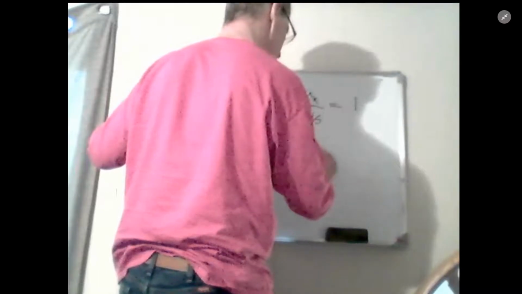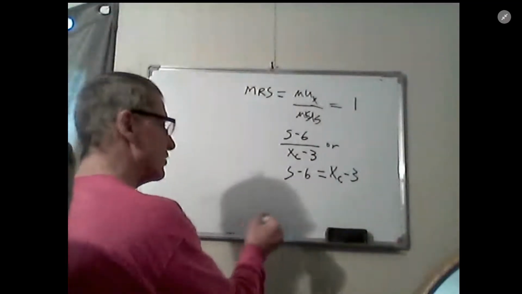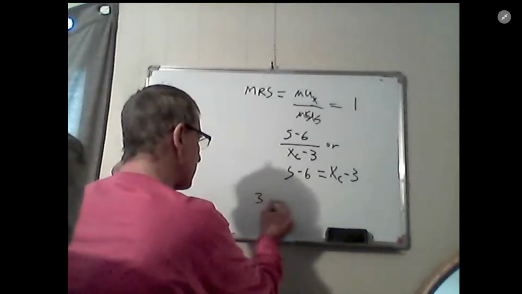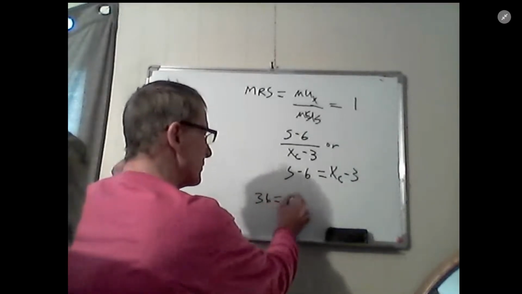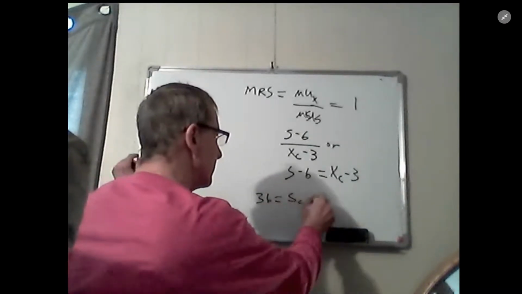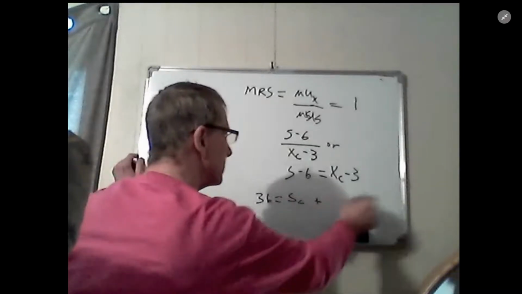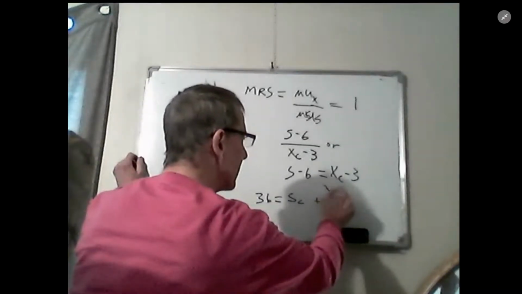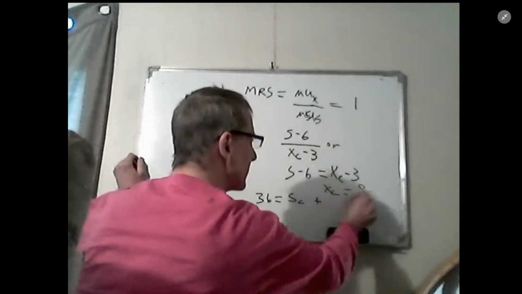What we get is s minus 6 equals xc minus 3. And the budget constraint says 36 equals SC plus XC, but this is also saying XC equals S minus 3.